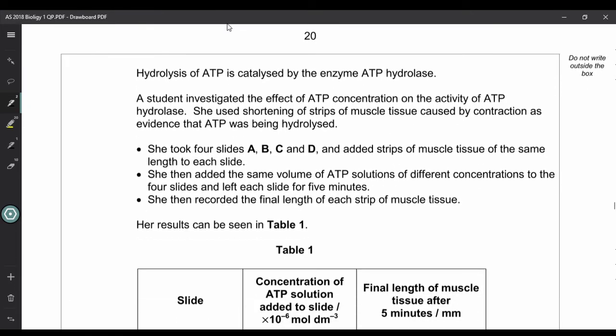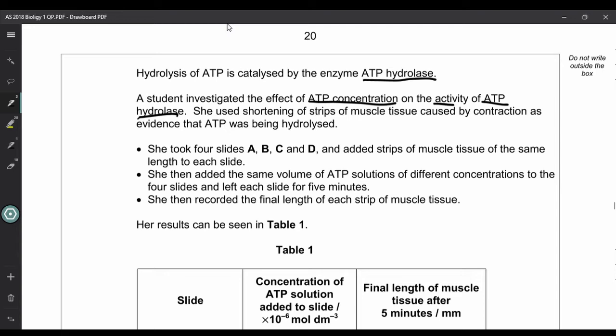So now we've got a table where we've got hydrolysis of ATP is catalyzed by the enzyme ATP hydrolase. The student investigated the effect of ATP concentration on the activity of ATP hydrolase. Okay, so we're changing the concentration of ATP and we're looking at the activity of ATP hydrolase. She used shortening strips of muscle tissue caused by the contraction as evidence of ATP was being hydrolyzed.